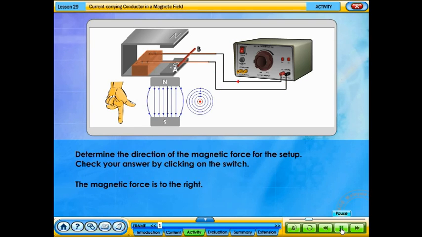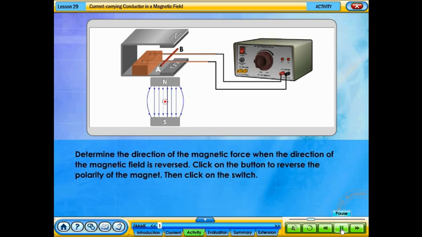The magnetic force is to the right. Determine the direction of the magnetic force when the direction of the magnetic field is reversed. Click on the button to reverse the polarity of the magnet. Then click on the switch.